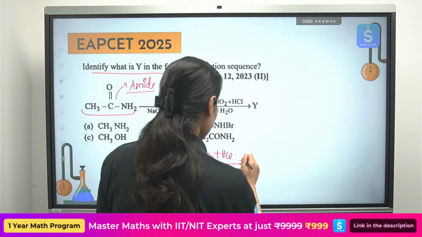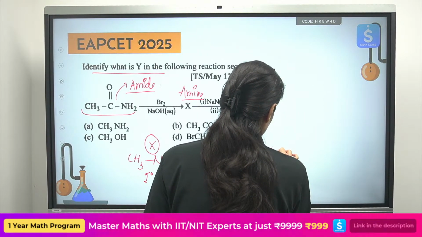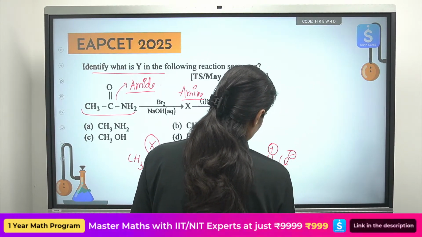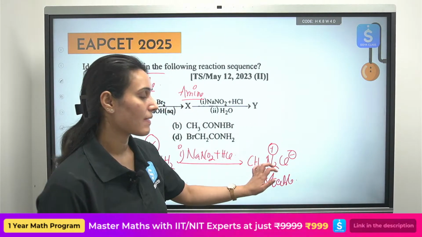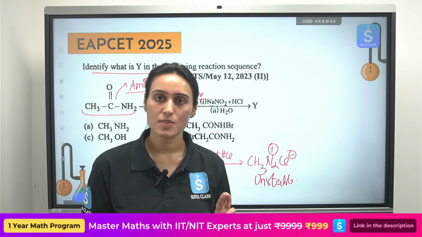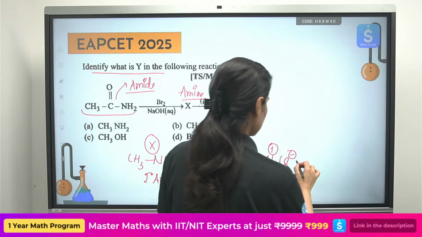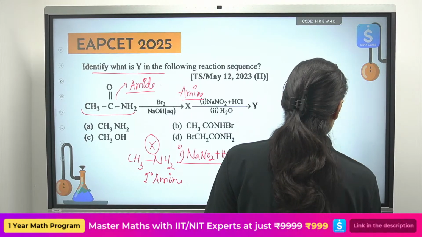So you will get diazonium salt, but it is unstable because it is not stabilized by resonance as we see in aromatic diazonium salt. Okay. So on hydrolysis, it will give you alcohol.